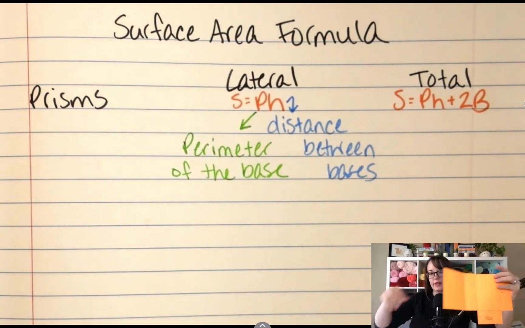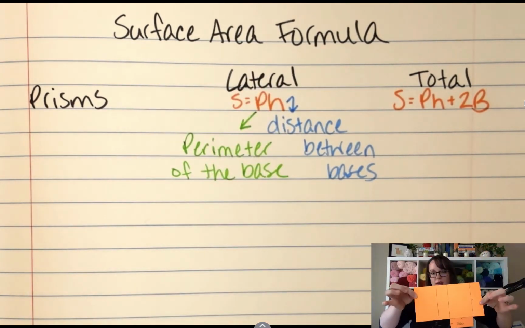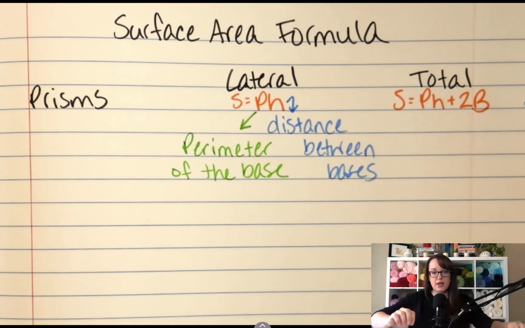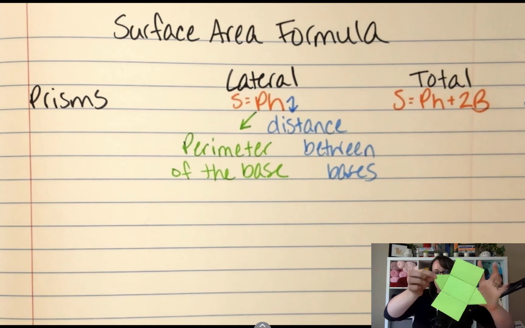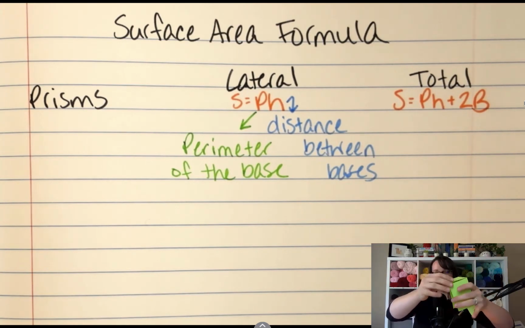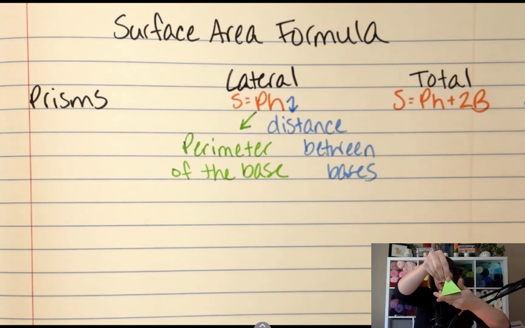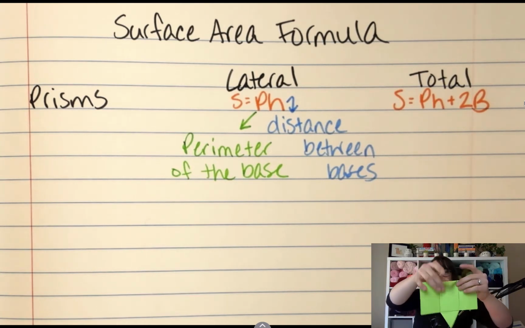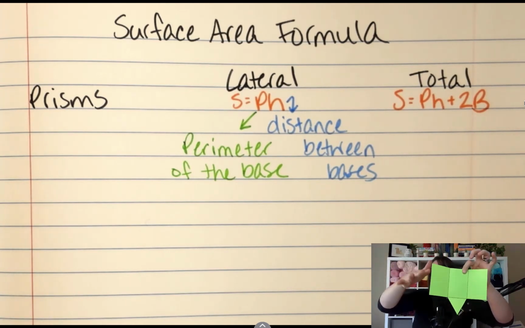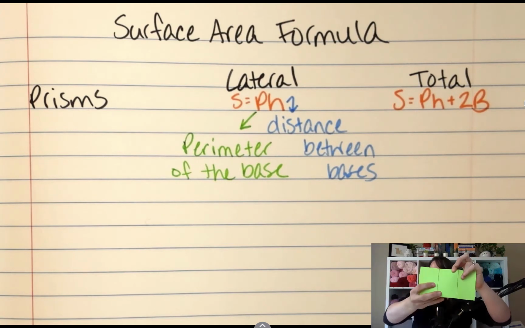So lateral area, you're finding the area of that rectangle. Same with triangular prisms. You have this triangle right here, and the perimeter of that triangle, when you unfold it, becomes the length of that rectangle on top. So you've got length of this rectangle times the height, which is the area of that rectangle, or the lateral area.